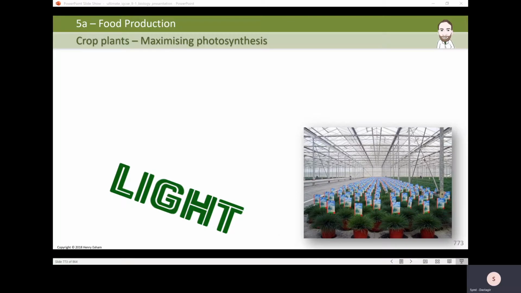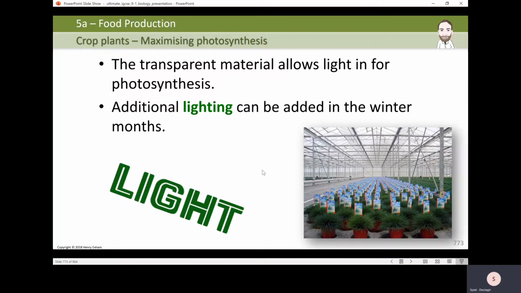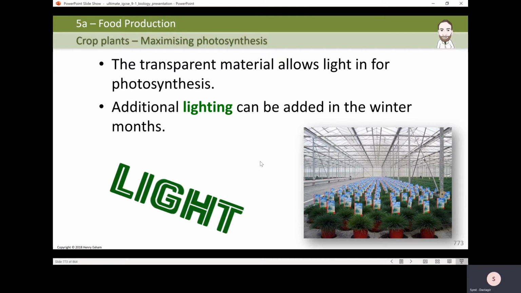Yep, the mic's on. Right, we can actually artificially control the amount of light the plants get. And we know this is important for photosynthesis. So the transparent material, as you can see on the roof, allows light in for photosynthesis. Additional lighting can be added in the winter months where there's not enough light, because obviously we have shorter days.